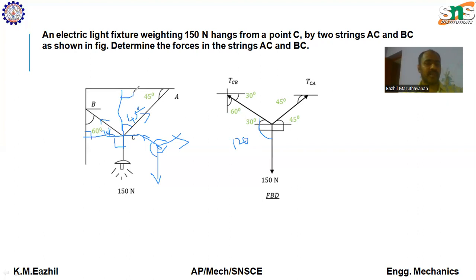Since it is 90 degree, the other side it will be a 45 degree. This shape is like Z. If it is 45, this side will be a 45. 45 plus 90, 135. So this angle will be 135.